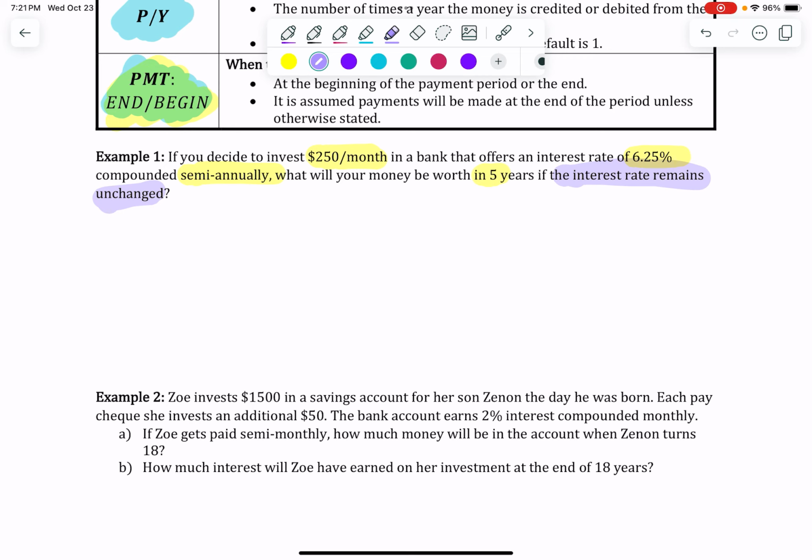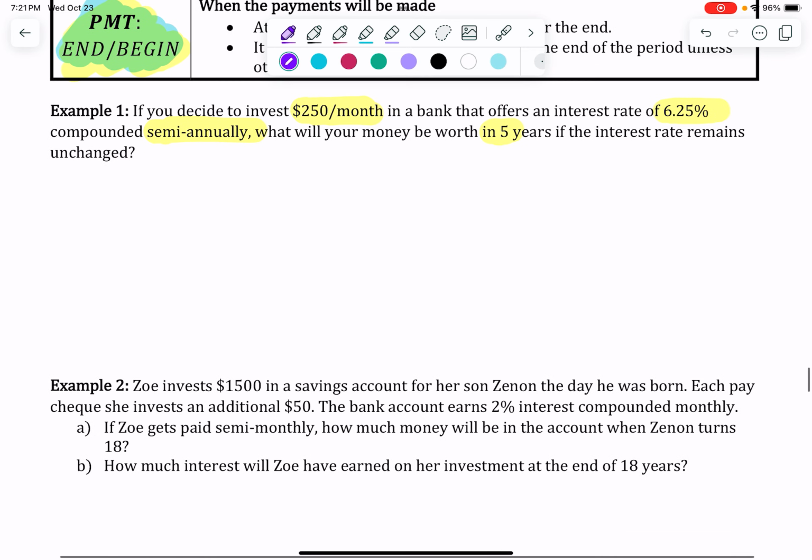I can't average them. That's not how it works. I'd have to do 2 separate TVMs. Here I don't have to because the interest rate remains unchanged, but it's just something worthwhile pointing out because you might see a question down the road that might use that skill.